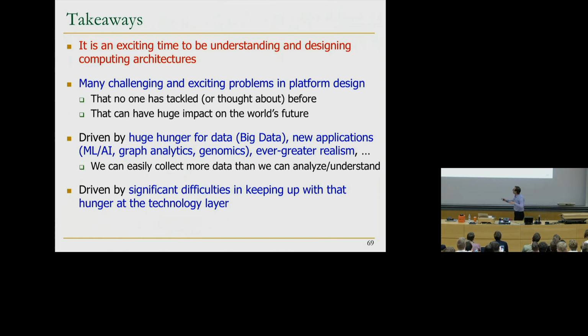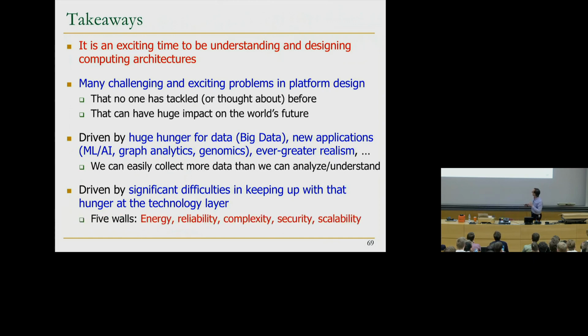These challenging and exciting problems in platform design are also driven by significant difficulties that we're facing at the technology layers. Again, we want to keep up with these applications, and to be able to keep up with the applications, you need to push the boundaries of the technology. And when you push the boundaries of the technology, it breaks, meaning it becomes less reliable, energy becomes an issue, maybe it becomes more costly, and we need to somehow handle these things.